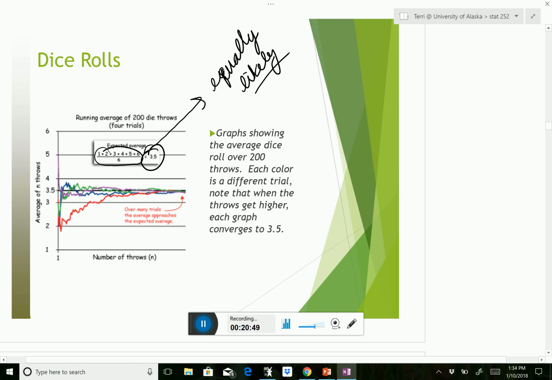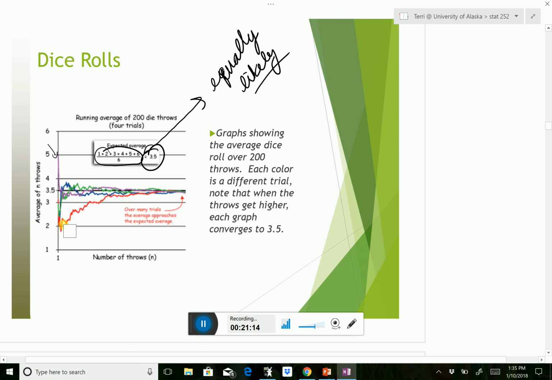So if you roll this dice, now each one of these colors is a different one. So like the purple one, they obviously got a 5 the first time. So on the first roll, they got a 5. So the average dice roll was 5. So once they did 2, it went to something else. And then you can see as they go on. But what are they all converging to? And you can see this one, obviously it looks like they got a 3 and then a 2.